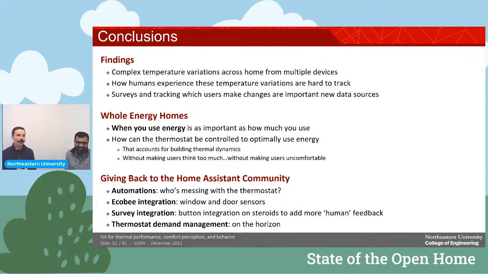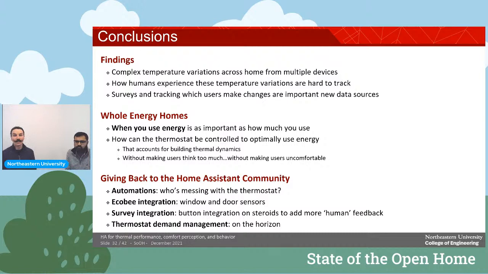So we want to share that the human experience and the temperature variations are hard to track, and we hope that surveys and tracking which users are making changes are important new data sources. We hope to soon give back to the Home Assistant community with some of these, adding automation templates, updating the Ecobee integration to include the window and door sensors, and deploying this kind of survey integration.